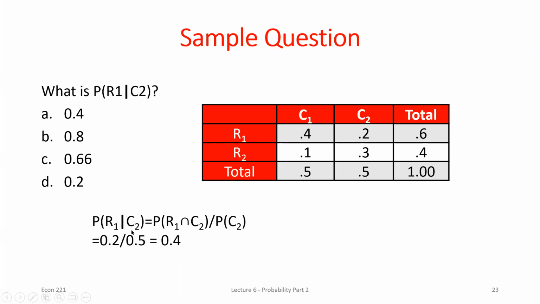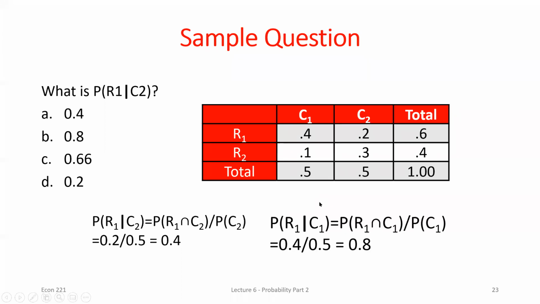Right? We've limited the space we're looking at down to a smaller subset, but it could be that once we've limited it down to this smaller space, more of that space is made up of R1 than when we're looking at the entire experimental outcome space. Now, it could be less, could be more. Right? So let's think about instead, if I looked for the conditional probability where I said, given that C1 has occurred, what's the probability that I see R1?